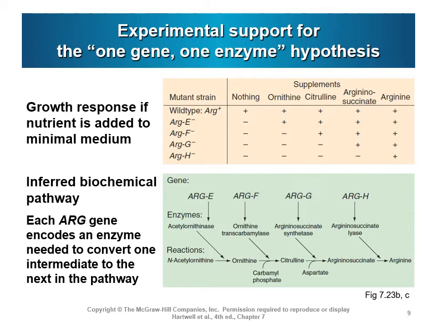Arginine E will cause the synthesis of ornithine, and then arginine F will result in synthesis of citrulline from ornithine, and then arginine G will be the enzymatic transfer to arginosuccinate, and then the arginine H gene is the enzyme that is responsible for synthesis of the final product, arginine.